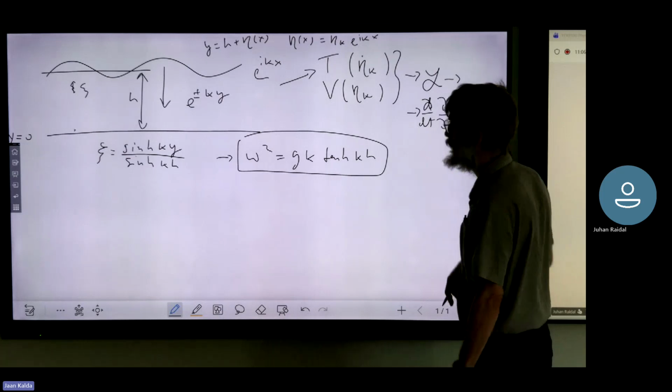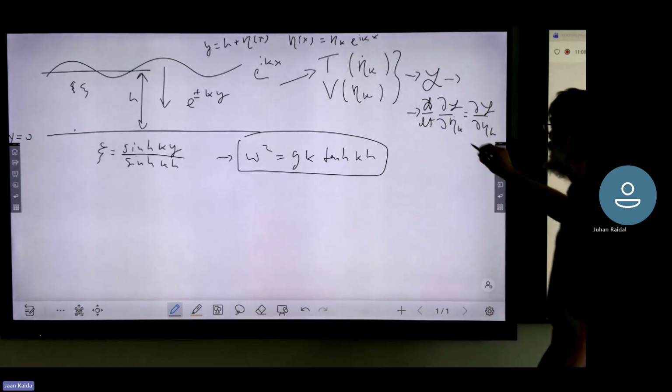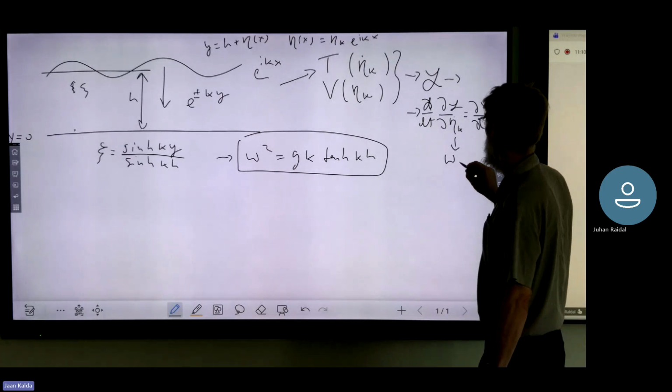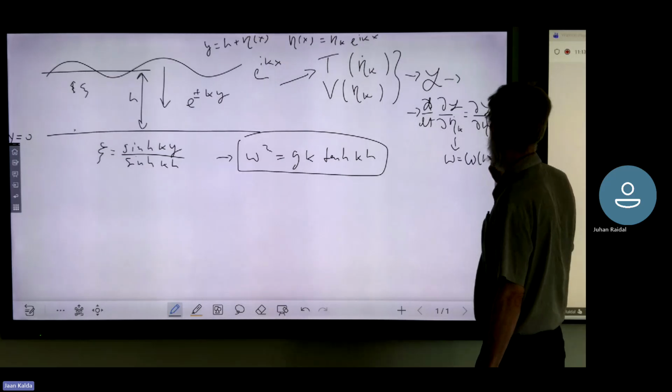That's how we obtain the equation of motion, right? And from here we obtain omega as a function of k.